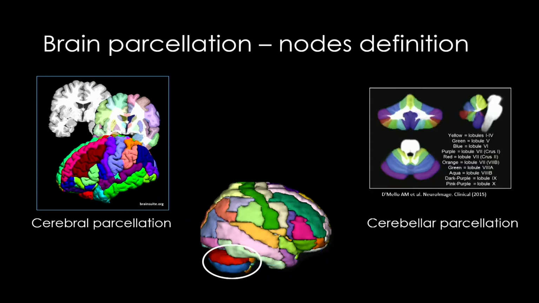But what we are now doing is adding a parcellation, not fine, but yes, a subdivision also of the cerebellar cortex. And in our works, usually we use 40 different cerebellar nodes.